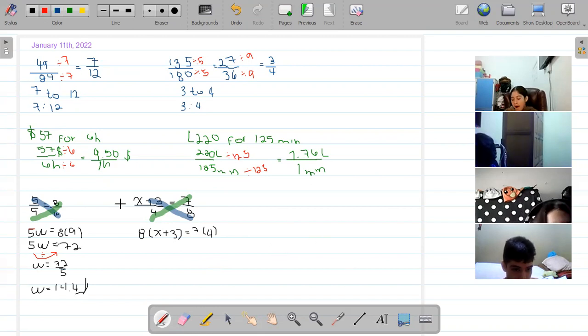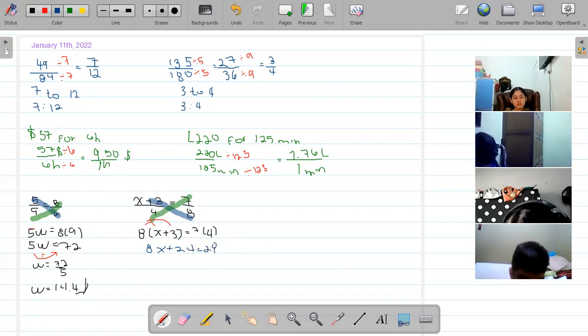So I'm going to do the distributive property over here because there's a parenthesis and a number on the outside. So I get 8 times x, that's 8x, plus 8 times 3, that's 24, equals 7 times 4, that is 28.